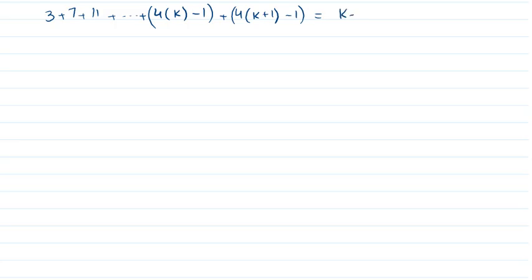Okay जी. Rewriting it here, 3 plus 7 plus 11, so on up to, again making use of the very previous term, that is 4k minus 1, और इसकी very next term क्या होगी, क्योंकि हमने k plus 1 की थी, तो k plus 1 minus 1, this is equals to k plus 1 times 2k plus 1 plus 1. ठीक, and this was the predicate that we assumed, और ये किसके equal था, P of k according to our assumption.